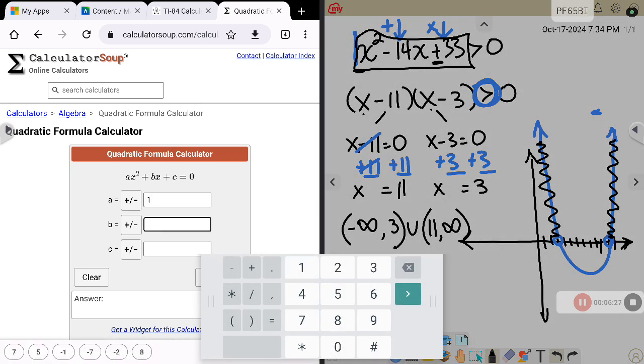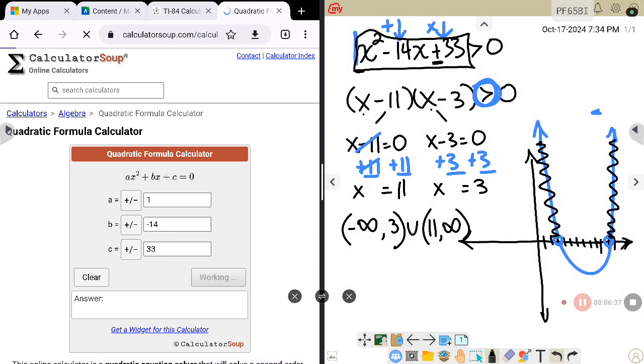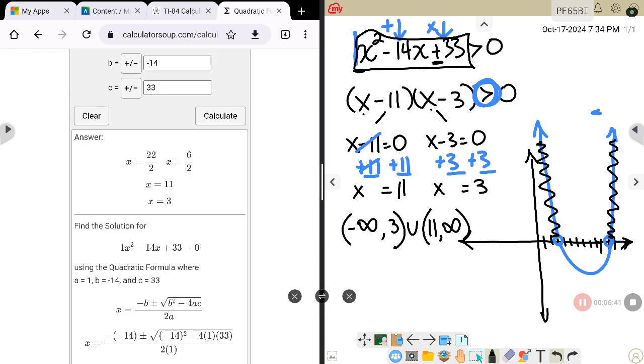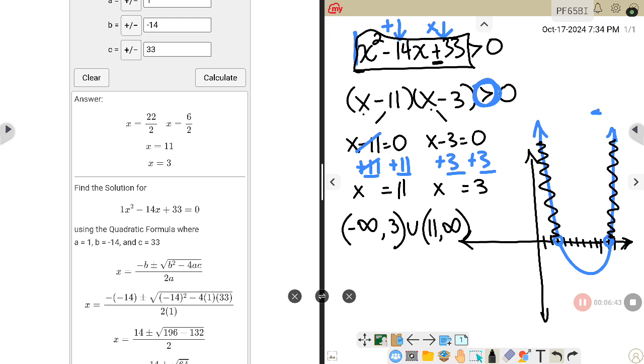Your b is in front of x, so it's negative 14. C is your constant, which is positive 33. When you calculate, look what you get. It gives you positive 11 and positive 3, which is what you got as your zeros. So your quad calculator can help you in this section.